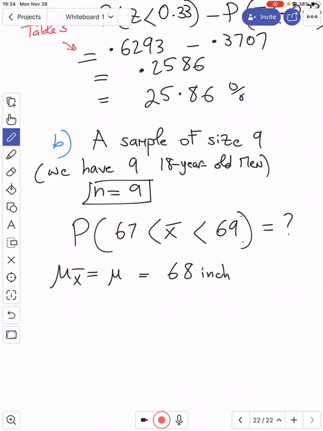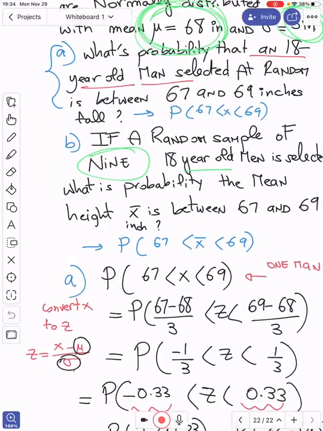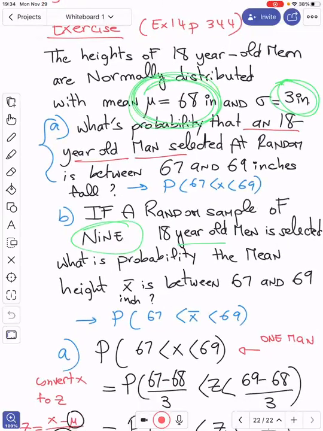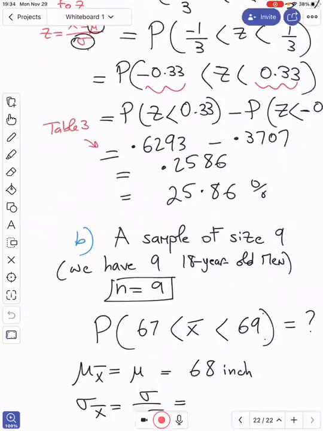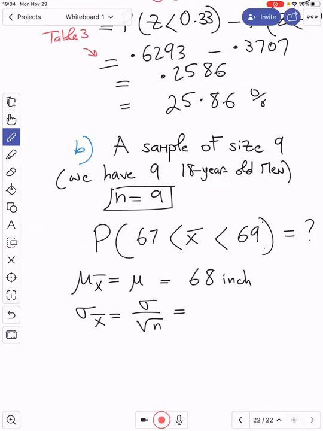But then the standard deviation of x bar, of the mean, is the standard deviation of x over the square root of the size of the sample. So sigma is 3 inches over the square root of n, and n is 9, a sample of 9 18-year-old men.